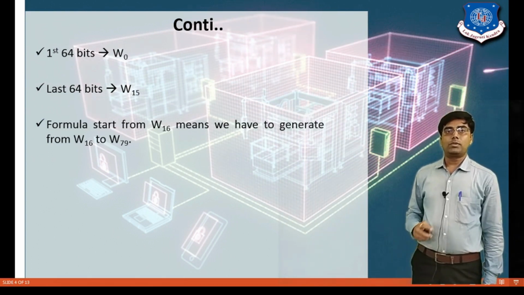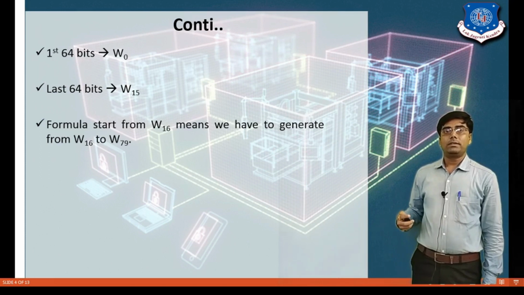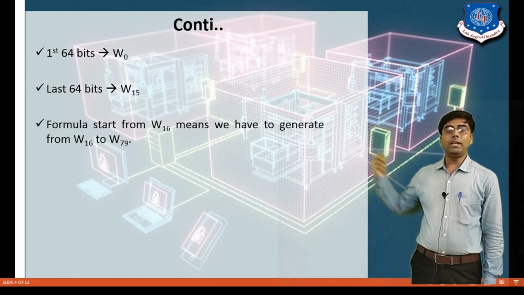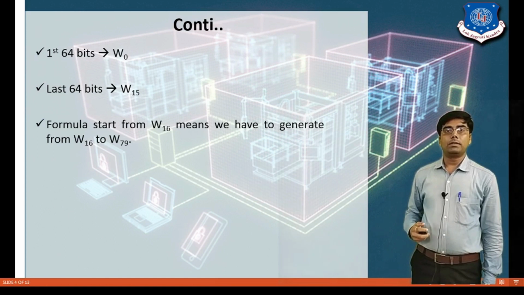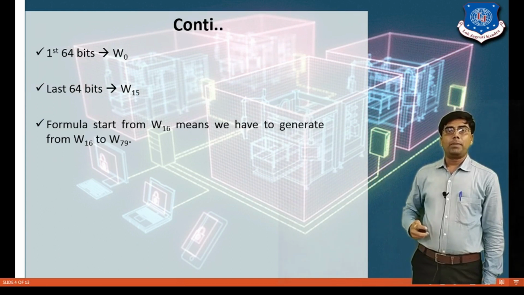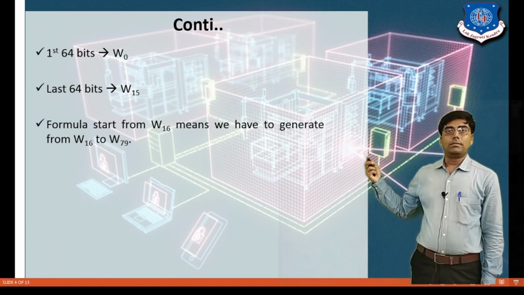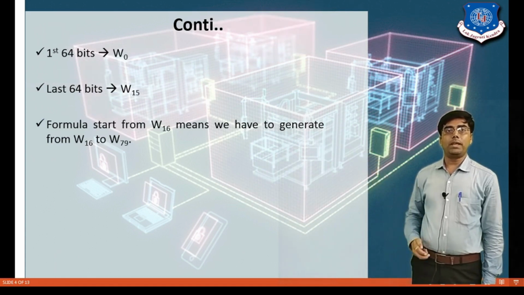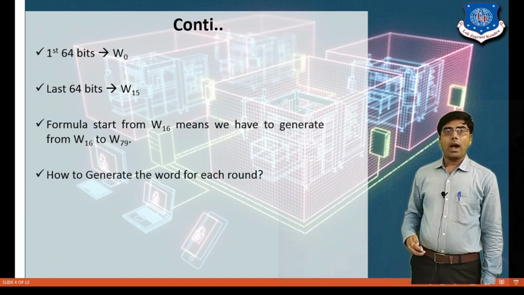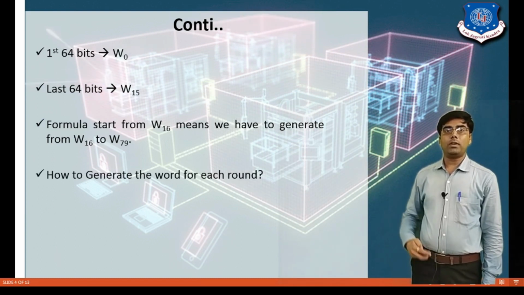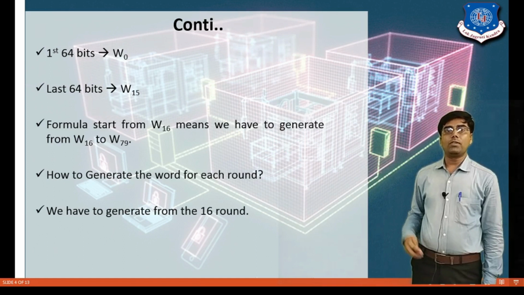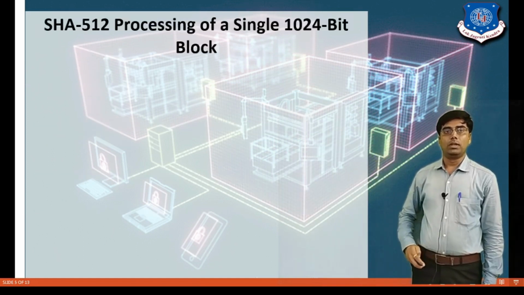We do not generate those words; we just accept the plain text message as words in the first 0 to 15 words. So now how do we generate the word for each round? We have to generate from the 16th round.